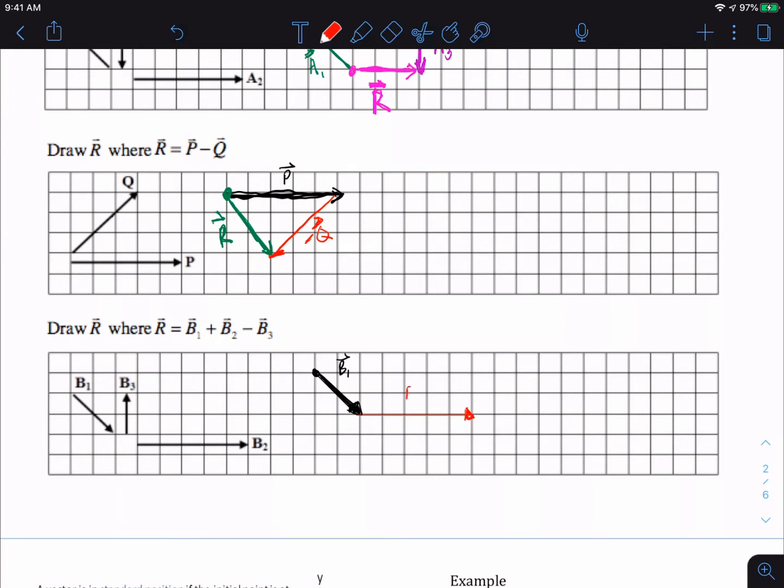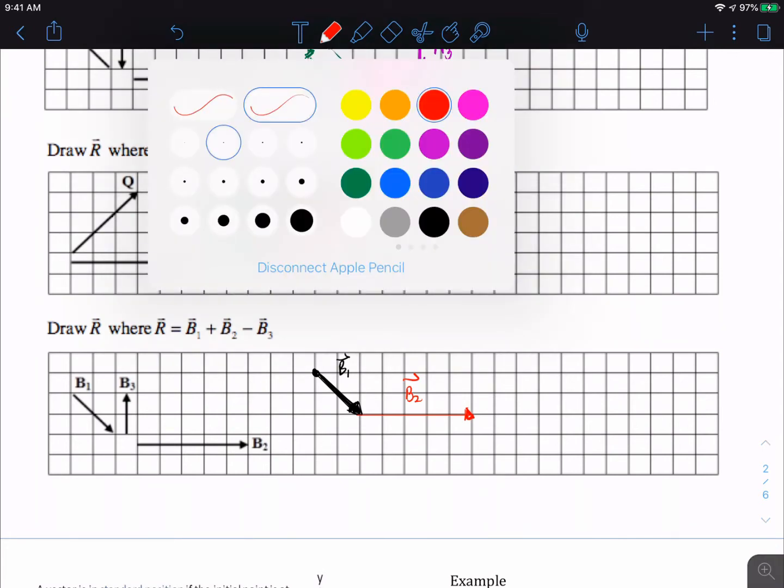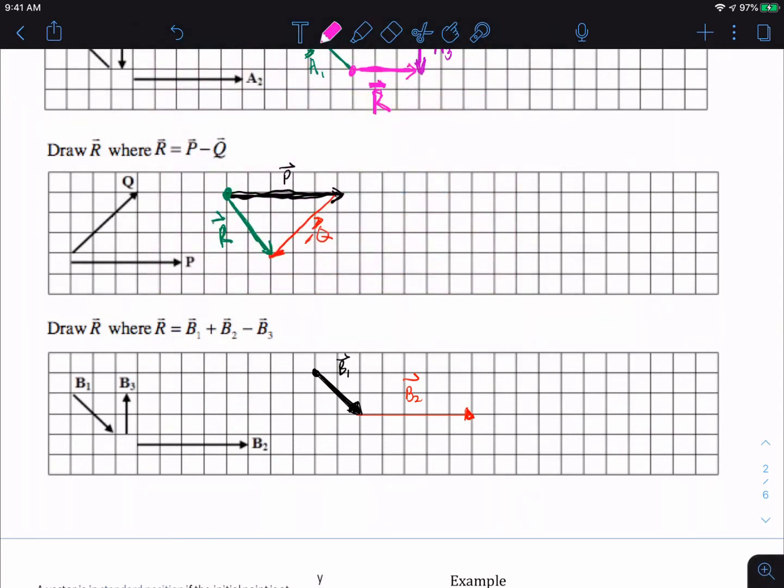Yep. That's my B2. And then B3, it's subtracting B3. So we need to subtract B3. So that's going to have us go down. So that's our negative B3, right?